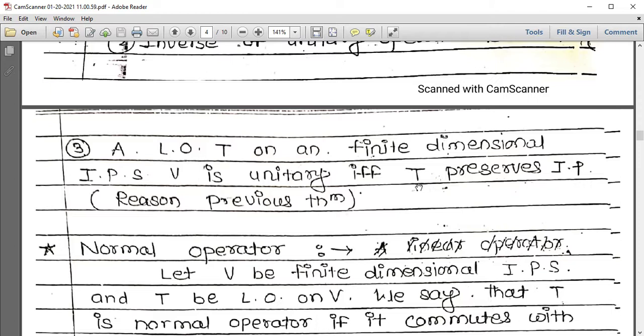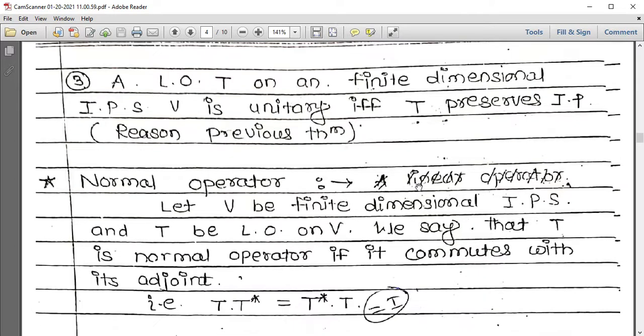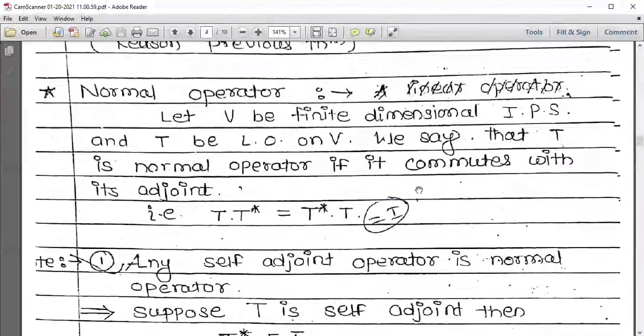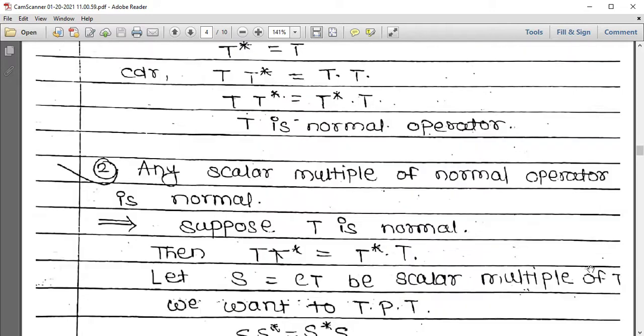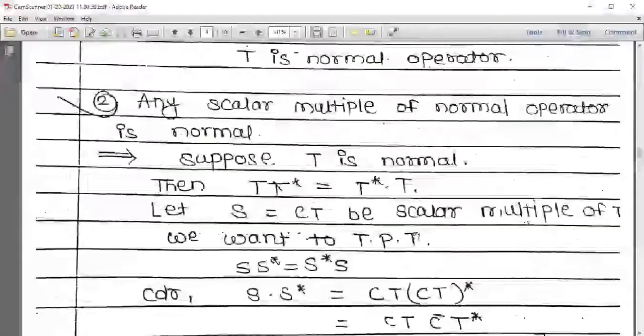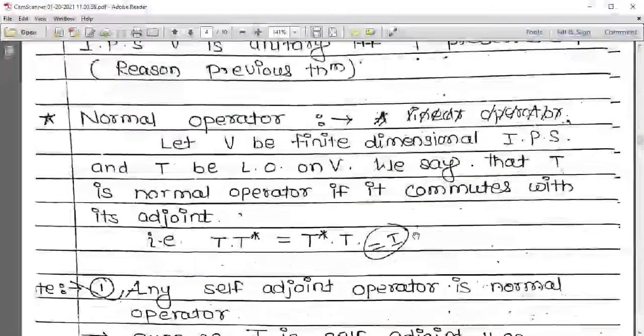Okay, so the next operator is the normal operator. Let's look at the definition of a normal operator.